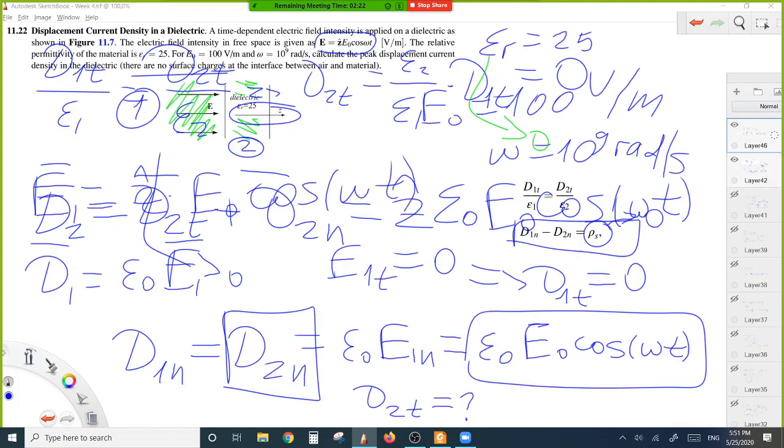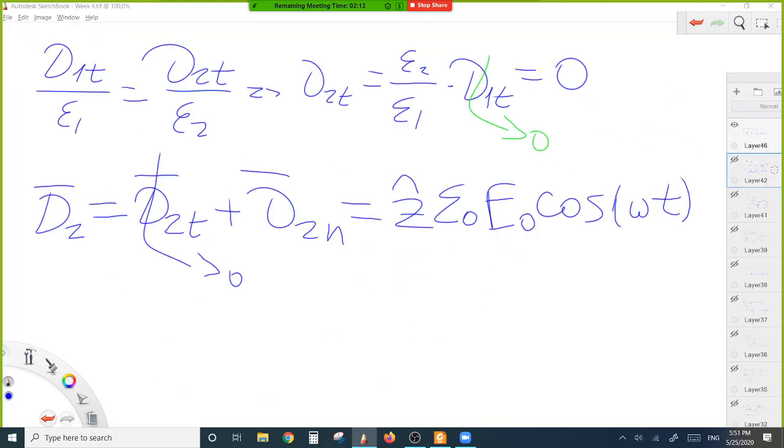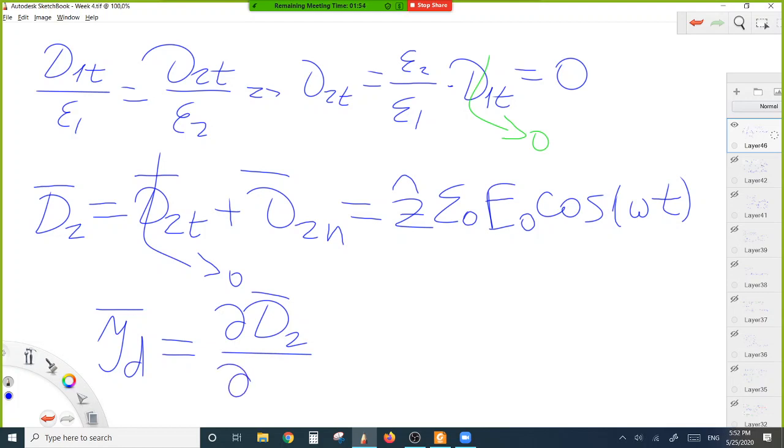We are asked to calculate the peak displacement current density. The displacement current density JD is the derivative of the electric flux density by time.